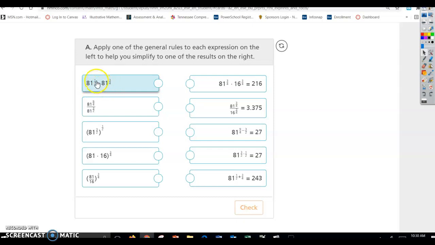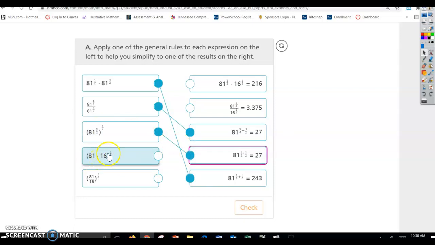Same base when I multiply, I add exponents. So down here, I'm adding exponents. Here I have the same base when dividing, so I subtract my exponents. Here I have a power raised to another power, so I'm going to multiply my powers.